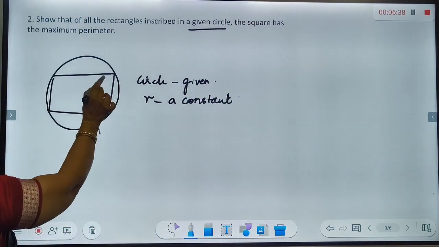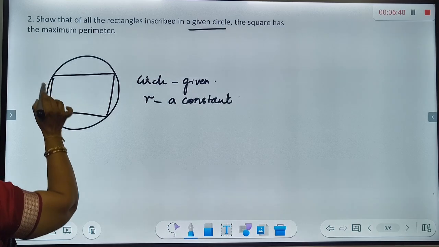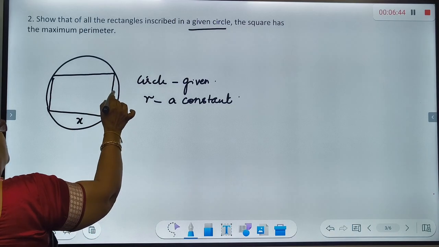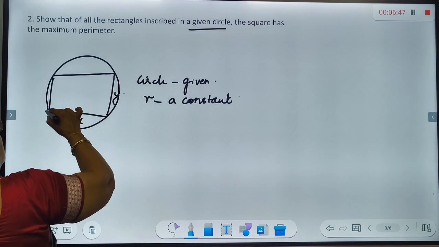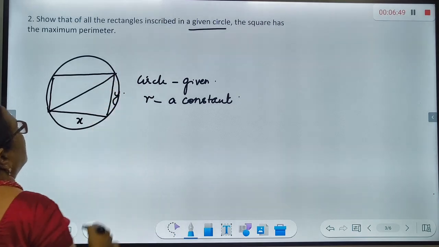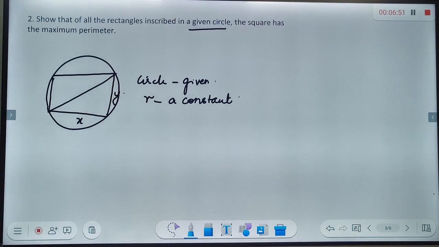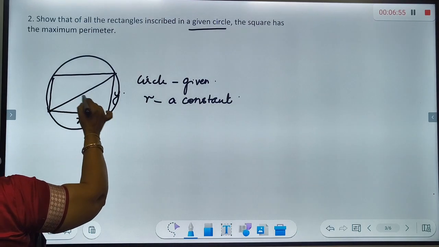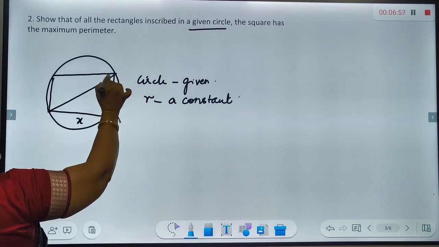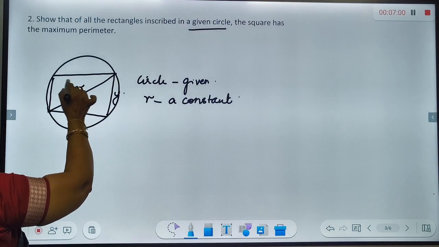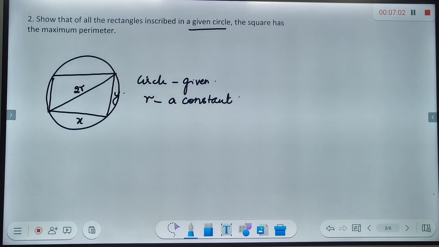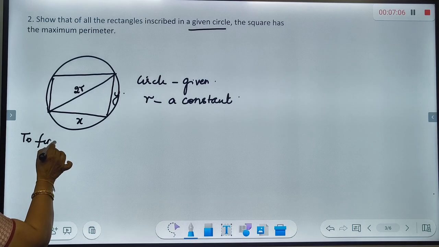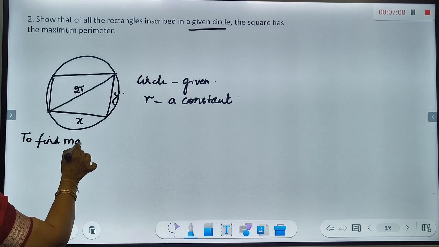Let me take a rectangle. Let the dimensions of the rectangle be x and y. Now, this will be the diameter. Because I have taken r to be the radius, it has to be 2r. Now, we have to maximize to find the maximum perimeter.